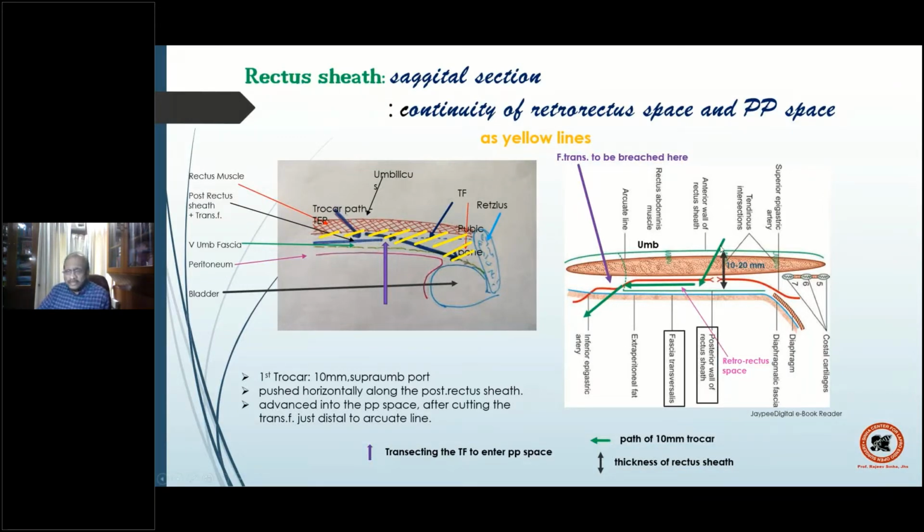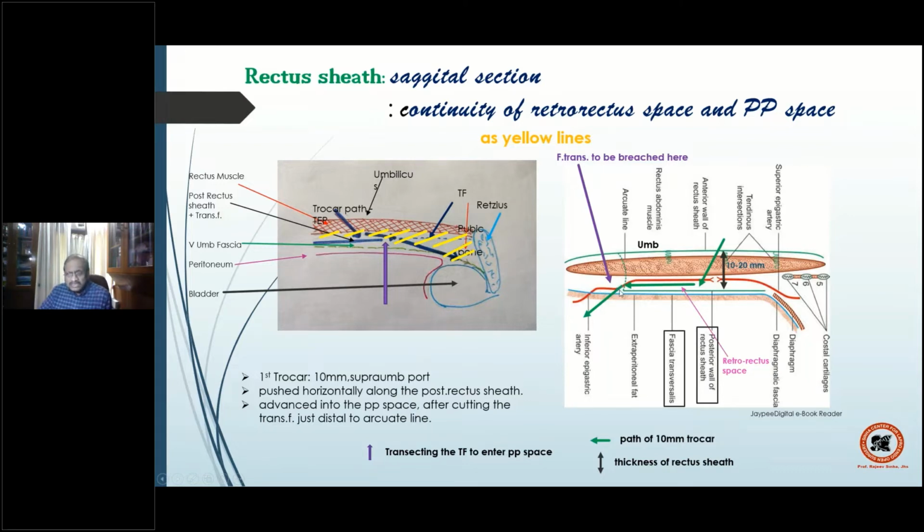Now, when you're going through the fibers of the rectus abdominis and reaching just up to the rectus sheath, this is the retrorectus space, what we were just talking about. So it travels horizontally parallel to the anterior abdominal wall. That should be the course taken by your dilator, or the trocar or the balloon dilator, until you reach the arcuate line. Once you reach the arcuate line, that is the site where you have a fusion of the transversalis fascia and the arcuate line, so to say.